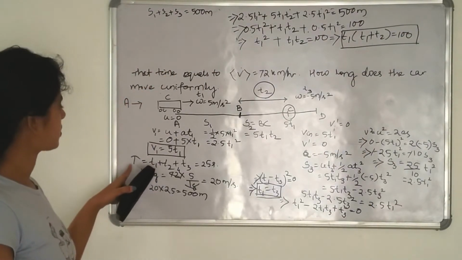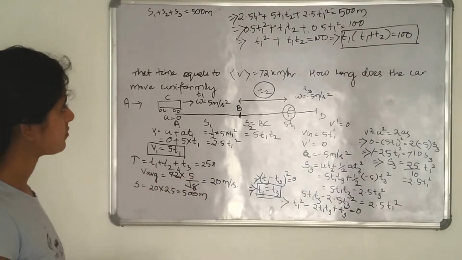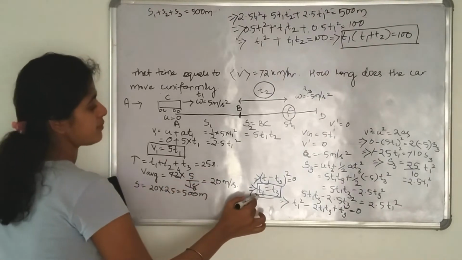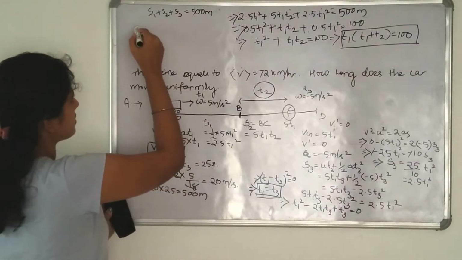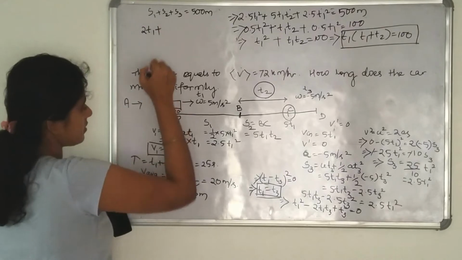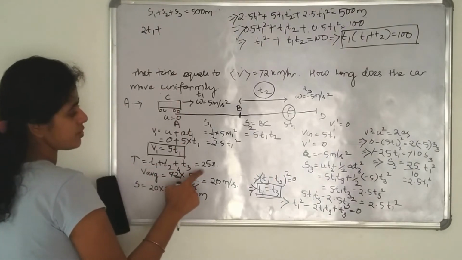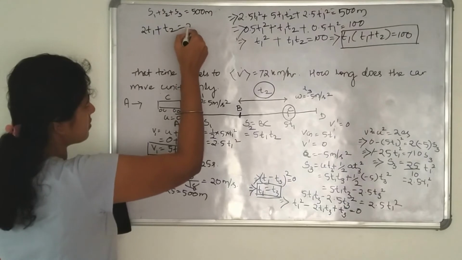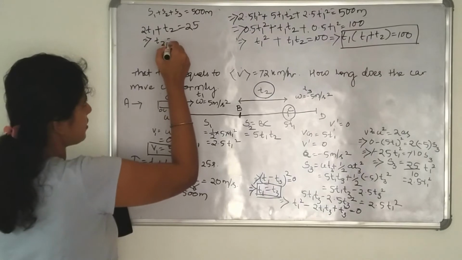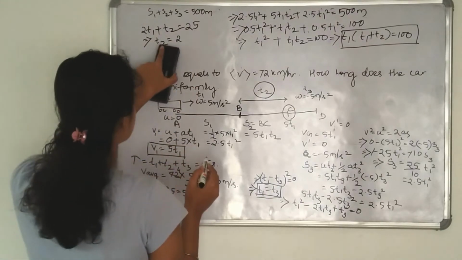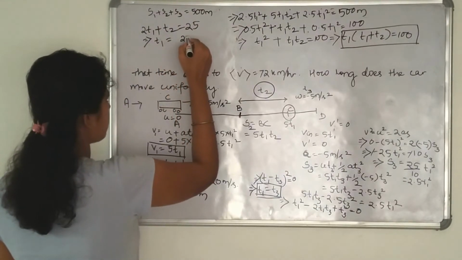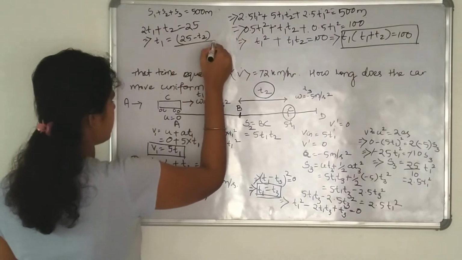We also know that the total time is equal to 25 seconds. So T1 plus T2 plus T3 is equal to 25 seconds. We derived that T1 is equal to T3, meaning we can put T1 in place of T3. So T1 plus T1 equal to 2 T1, plus T2 is equal to 25. We have to calculate this T2 time. T1 is equal to 25 minus T2 divided by 2.